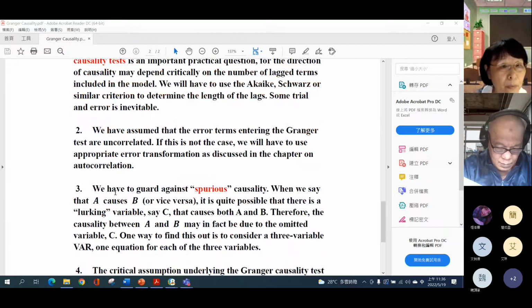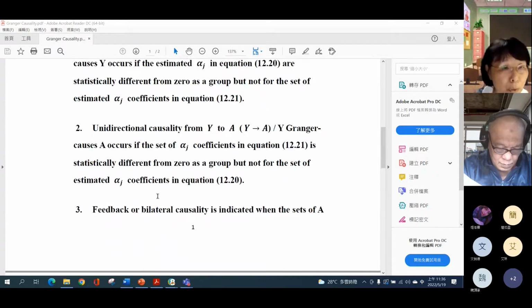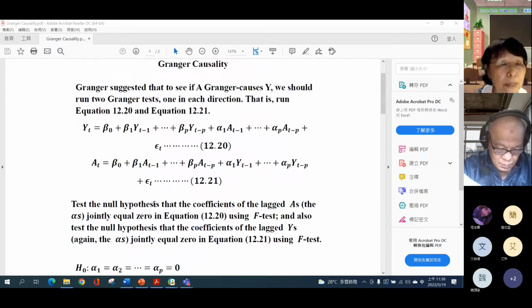The third one, we have to guard against spurious causality. In other words, we need to make sure the equations 12.20 and 12.21 are not spurious regressions.